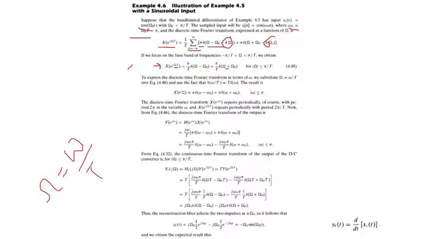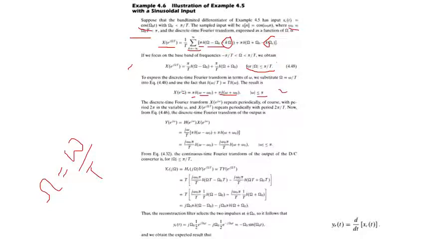So we have multiplied with T, so T will get cancelled. We have pi delta of omega minus omega naught plus pi delta of omega plus omega naught, and the range was previously less than pi by T, so we have multiplied with T, so the range is now pi.